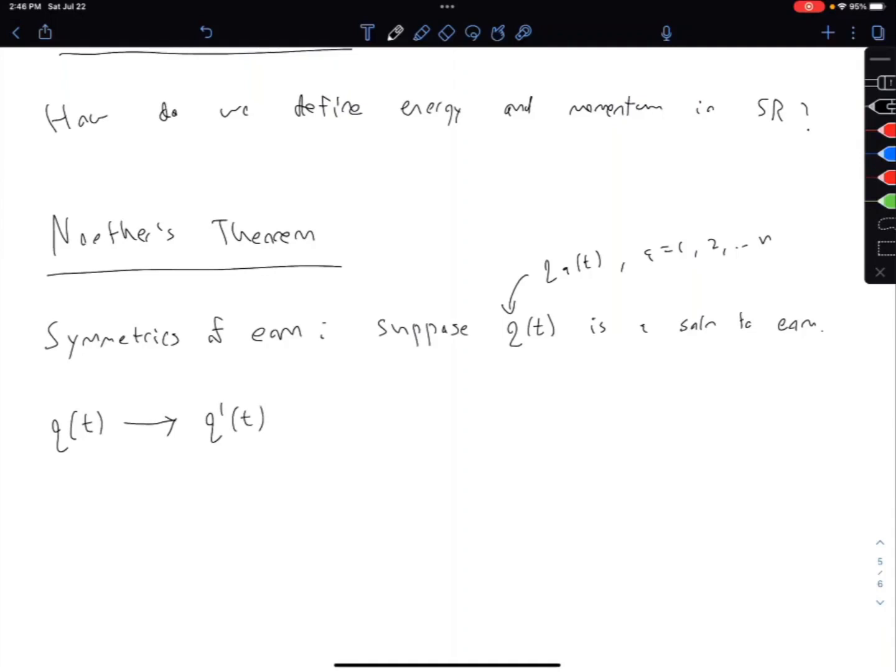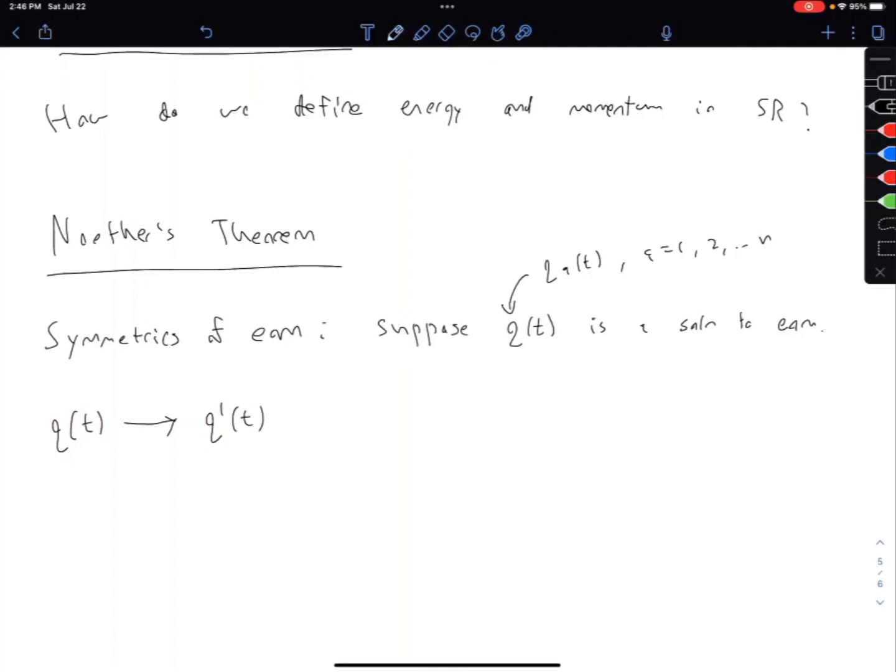And for the moment, I want you to forget relativity, right? We're not talking about relativity. We're talking about classical mechanics in complete generality. So this prime that I've written here does not mean the primed frame or the unprimed frame. It doesn't mean that anymore. It just means some new trajectory that I obtain from the old trajectory in some particular way, okay?